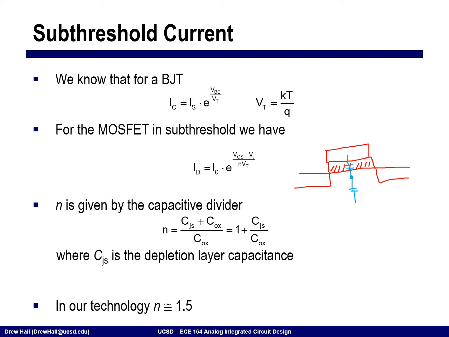And so this is COX, this is CJS, this is the gate, and this is the substrate. And so this is where we're getting this capacitance division that's making this device act like a BJT, but attenuating the actual current that we're going to get.